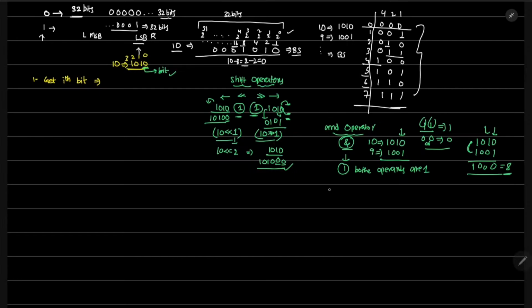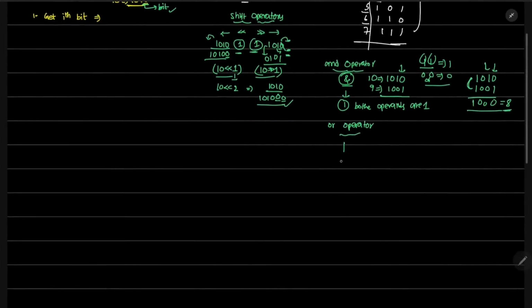Now let's talk about the OR operator. The OR operator is as simple as the AND operator. OR is represented by this symbol, and if I take 10, 1 0 1 0, and 9, 1 0 0 1, what it does is, if any one value is true, the output will be true.